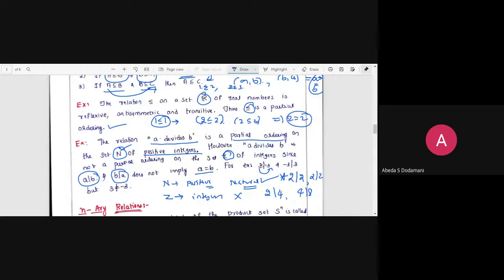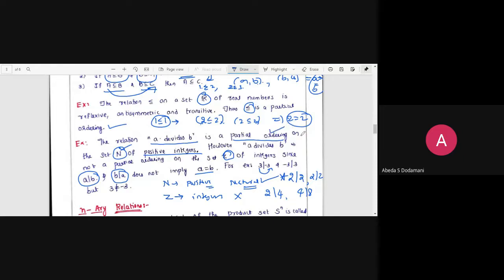But are 3 and minus 3 the same? According to anti-symmetric, they must be the same, but they are not. Therefore the anti-symmetric property doesn't hold in the case of integers, so it will not form a partial ordering on the set of integers. But on the set of positive integers, it is a partial ordering relation.